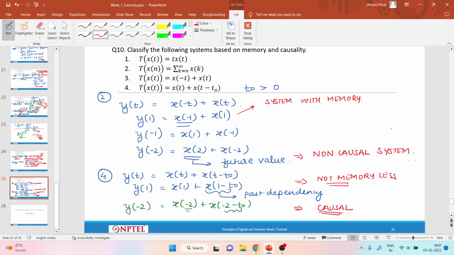So these were the two basic classifications of systems that were covered in the first week. So for this week, these are the questions that I had planned to cover. And if anyone has any doubts in any questions, please let me know.